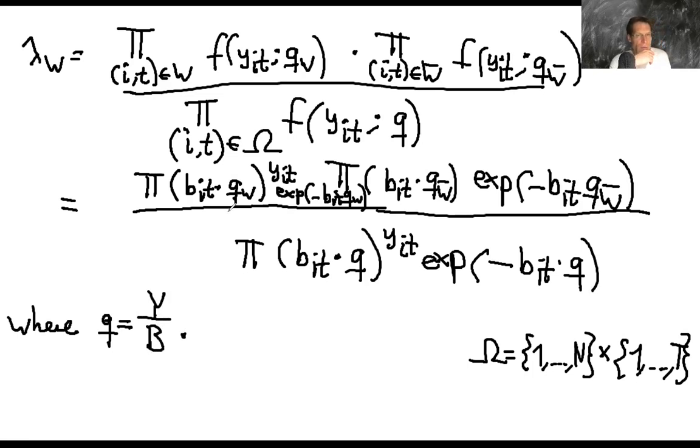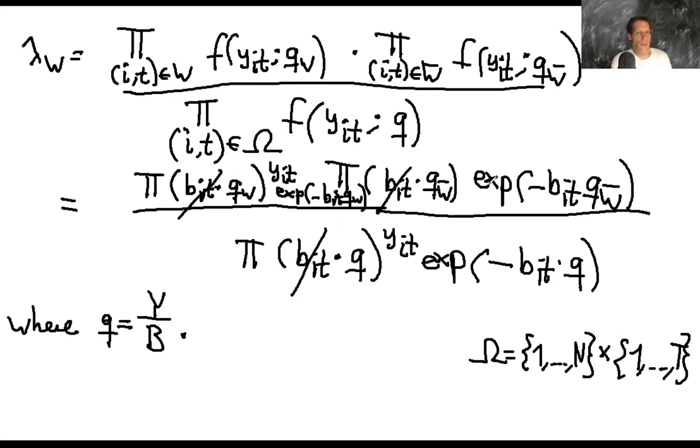What you will notice is that at least these bits are going to quickly cancel, because you have the bit to the power of yit for all those in the window and outside the window, which is equivalent to that. So these here you can be quick about forgetting. And maybe the question is what happens with the remaining B here, and that's when it takes a lot of fiddling.